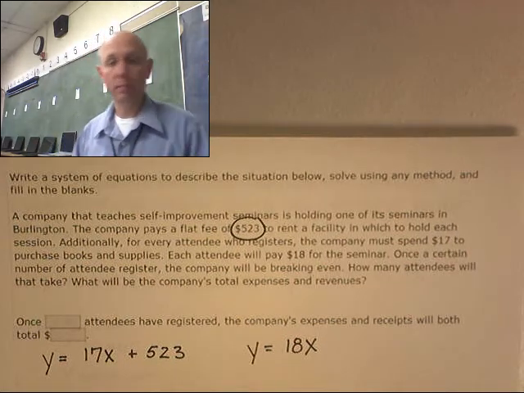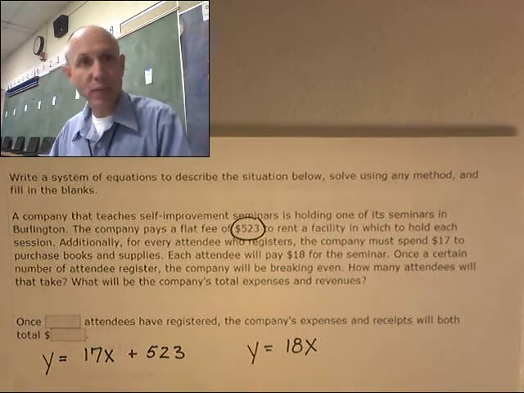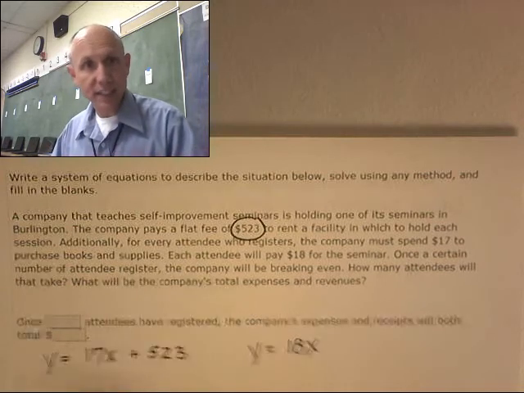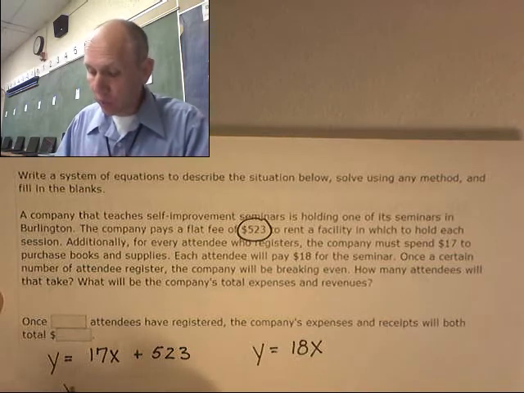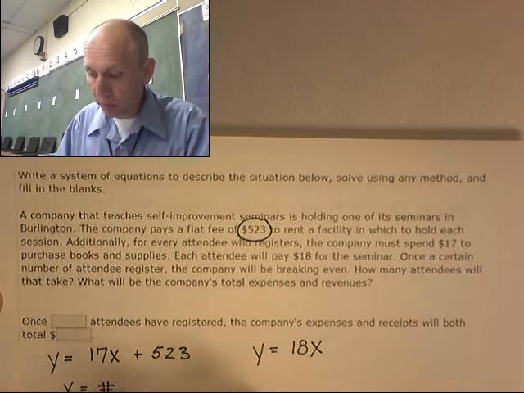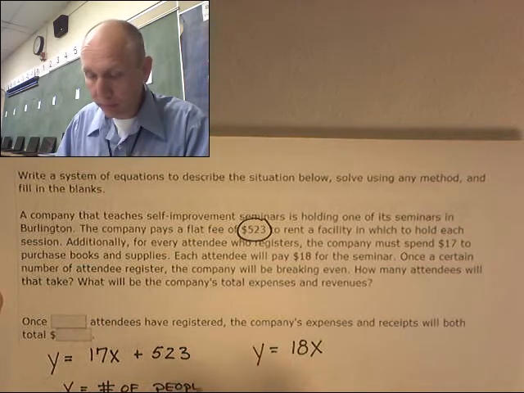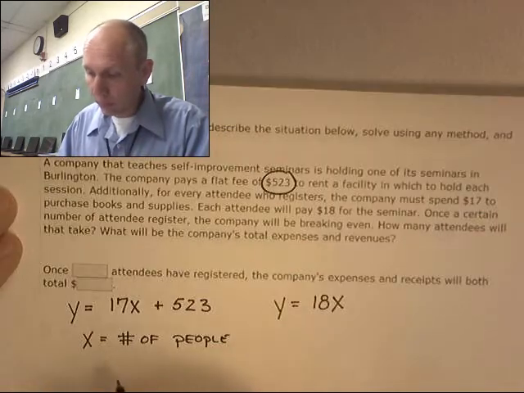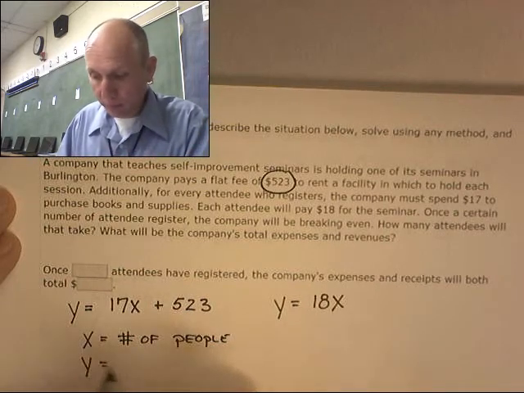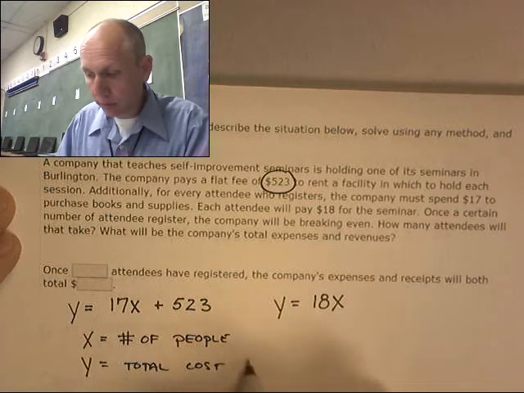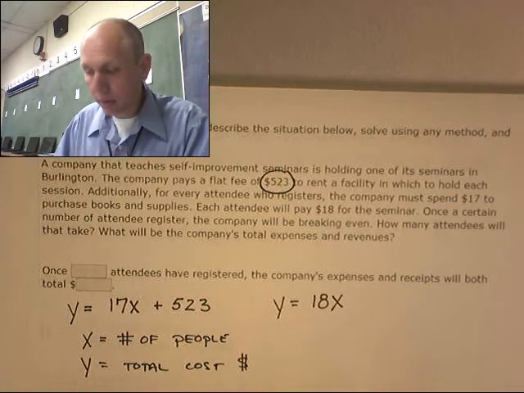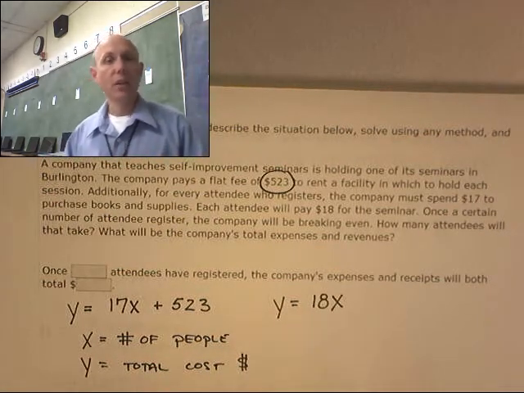This is your system. Can I set these equal and solve it? Yes. Solve this system. When you get your x, what does x represent? X equals the number of people and y equals the total cost in dollars.